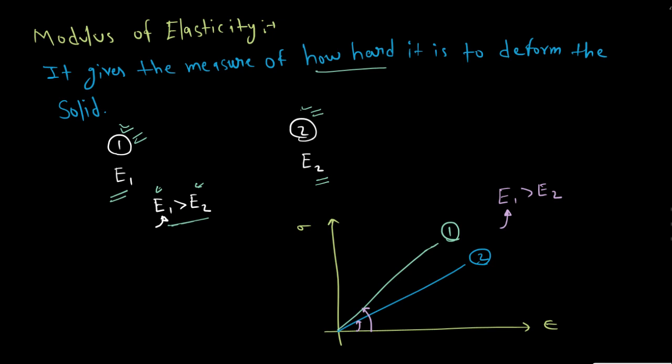Now let's look at the units of modulus of elasticity. E is defined as sigma by epsilon, where sigma is force per unit area, divided by epsilon, which is change in length over original length, or change in area upon original area, or change in volume upon original volume.